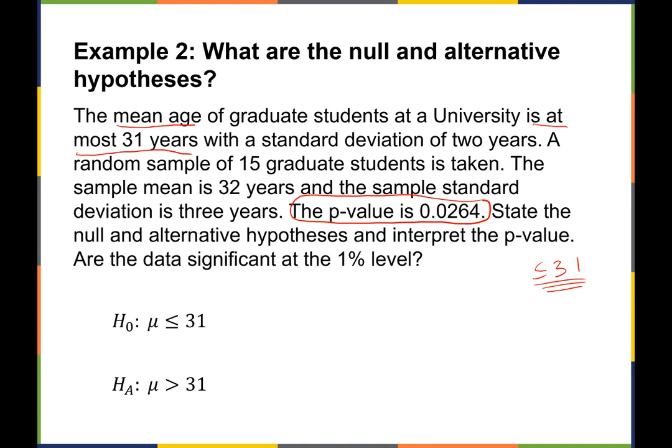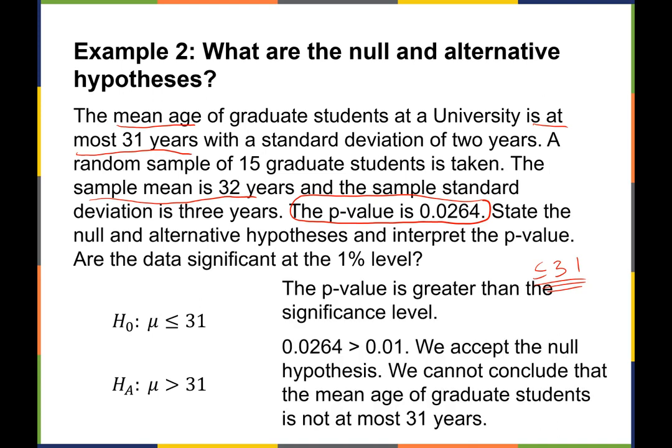It means that the probability of the sample mean being 32 years, which is what we have, assuming that the population has a mean age of 32 and a standard deviation of 2 years. So if we look at that normal distribution and we say the probability of our sample mean being 32 years, the probability of that happening is 0.0264. All right, that's what the p-value is.